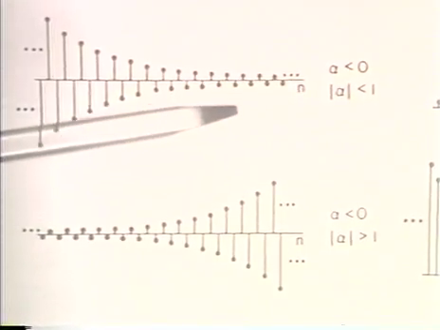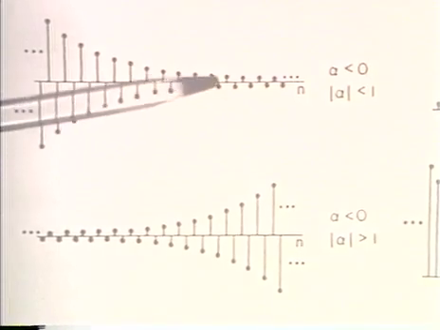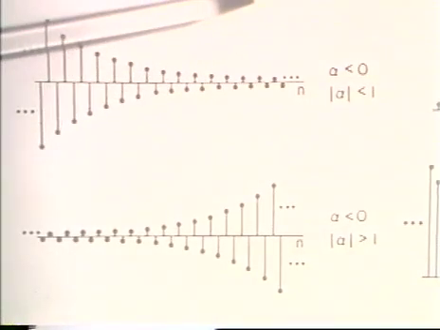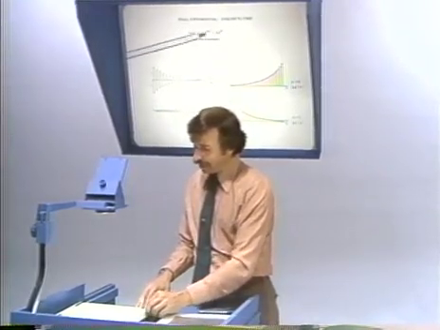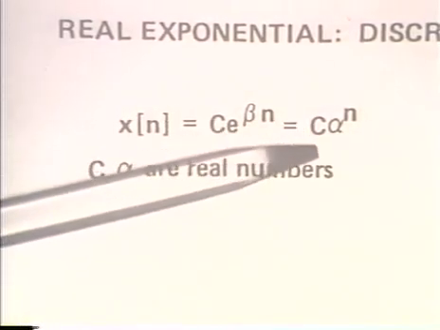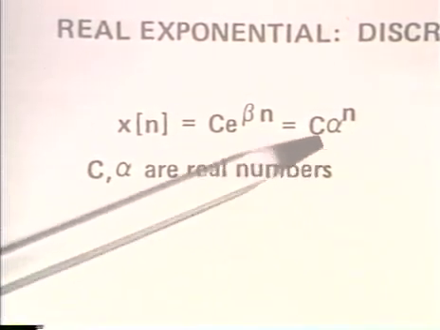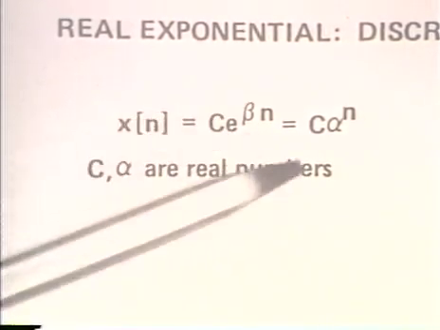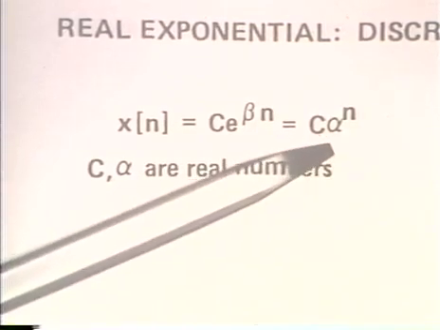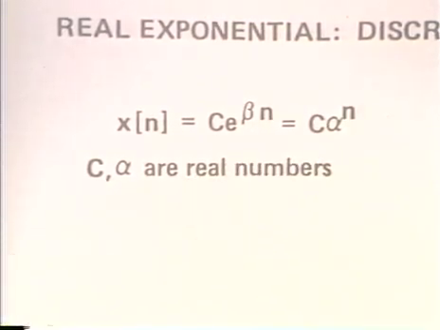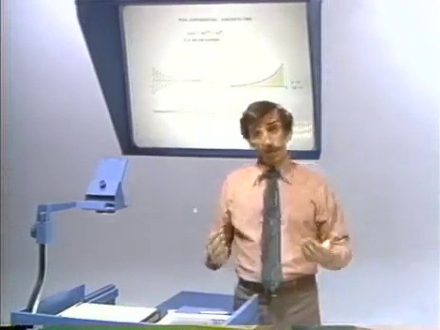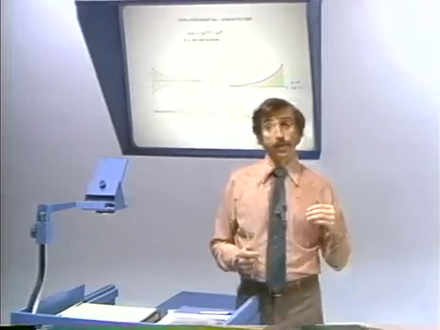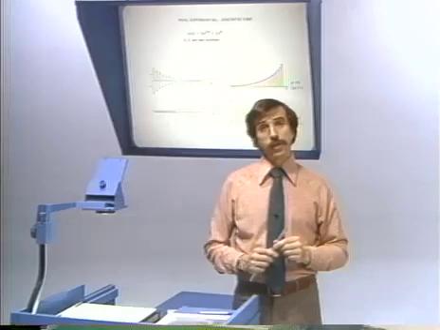Now, if you think about alpha positive and go back to the expression that I have at the top, namely c times alpha to the n, with alpha positive, you can see a straightforward relationship between alpha and beta, namely beta is the natural logarithm of alpha. Something to think about is what happens if alpha is negative, which is, of course, a very important and useful class of real discrete time exponentials also.